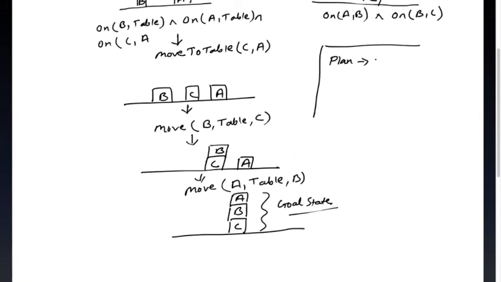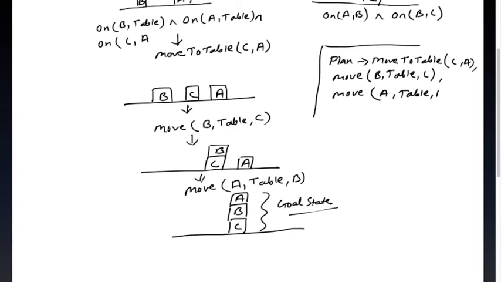The first I'll do move to table C A. Then next is move B from table to C. And then I have to do move A from table to B. Right? So this is my set of actions, and this is my plan.